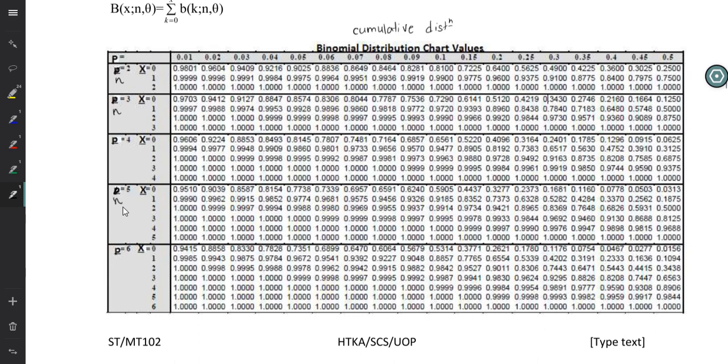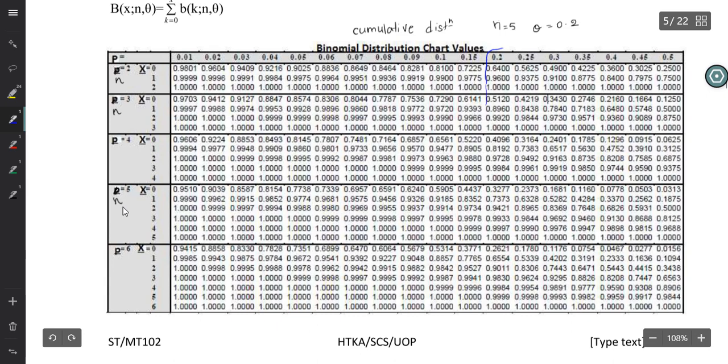Say, for example, when n is 5 and the probability of success theta is 0.2, you find the correct subtable, then you find the correct column for your probability of success. In this case it is 0.2.